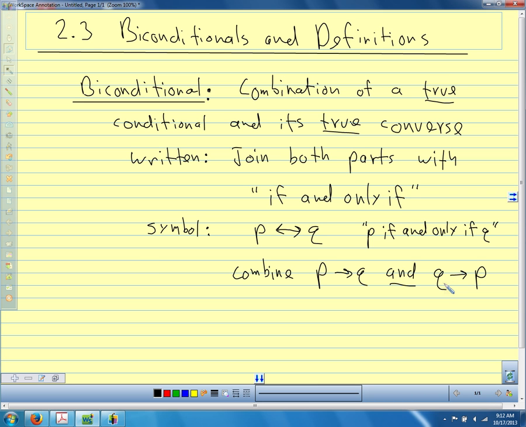So if we took our opener, if today is Thursday, then tomorrow is Friday, we decided that the converse of that was true: if tomorrow is Friday, then today is Thursday. We could write for that one, as an example, tomorrow is Friday if and only if today is Thursday.